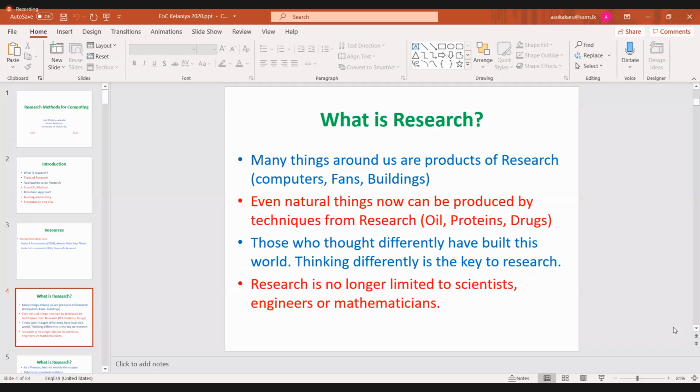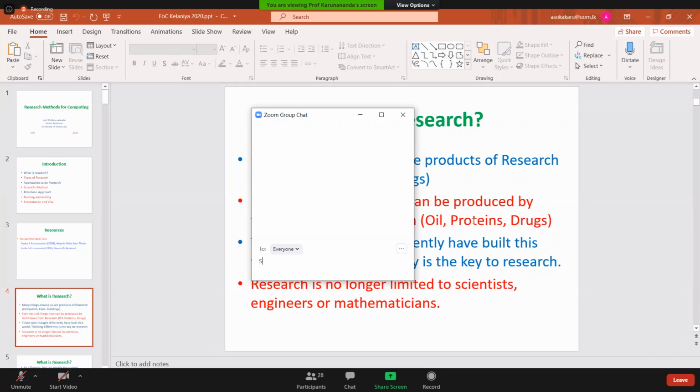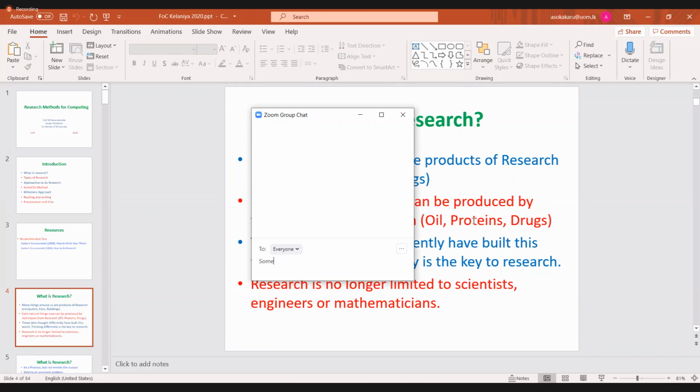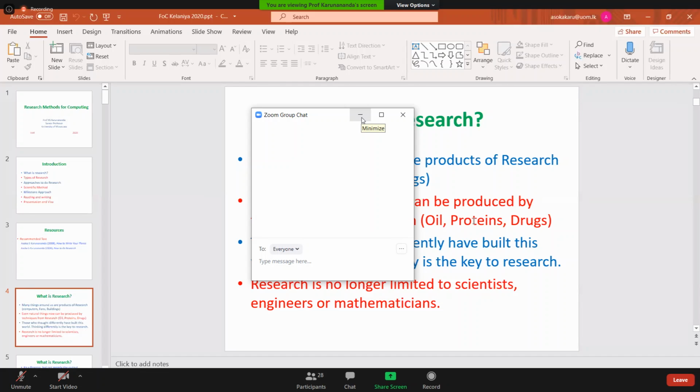So you might say, for example, we have chicken protein with the chicken, but chicken protein can also be produced by research work. That is not the best example. The best example is light. Our surrounding is full of natural light, no?